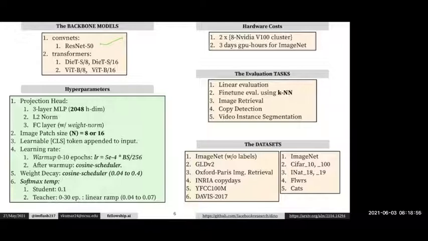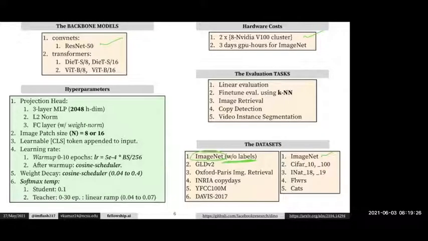They run this for 3 days on 16 NVIDIA V100 clusters. So that's a lot of computation required if you really want to train it on the data set. They primarily train it on ImageNet. So ImageNet with no label, generally we know ImageNet has labels. So they use it for inference, the labels, but they do it in a self-supervised manner with ImageNet data without the labels.